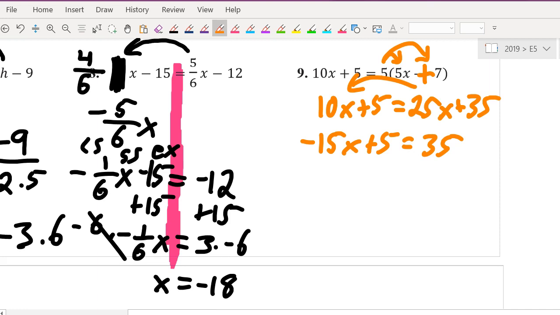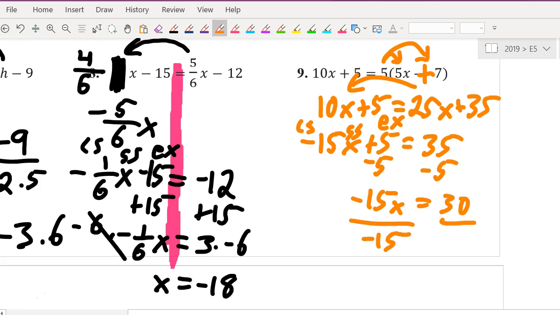Oh man, I thought this was going to be one of those all real numbers, right? Okay. Negative 15x is equal to 30. Okay, which part? Are you sure?